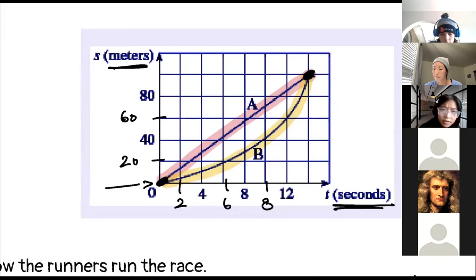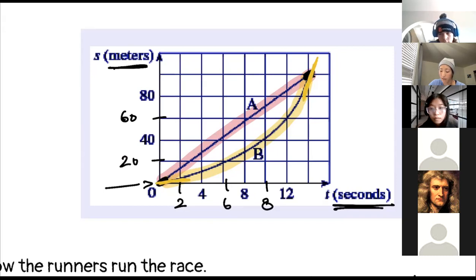One thing that I found helpful is looking at it as ratios, and kind of like what he's saying right there, towards the beginning is where it's the slowest, and then towards the end is where runner B is the fastest because they accelerated faster. Yeah, so the slope down here for runner B is kind of flat. But then as we get up here, the slope of that part is steeper.